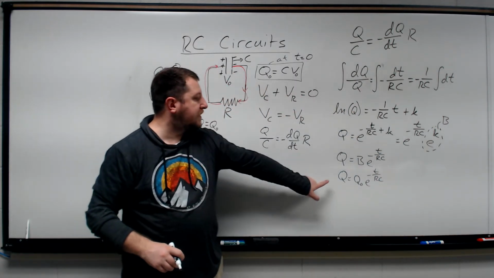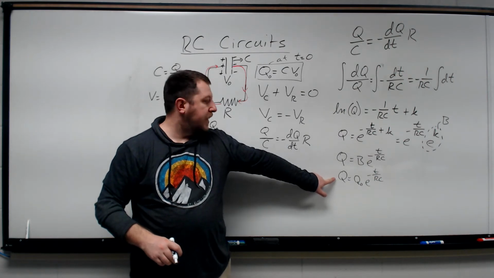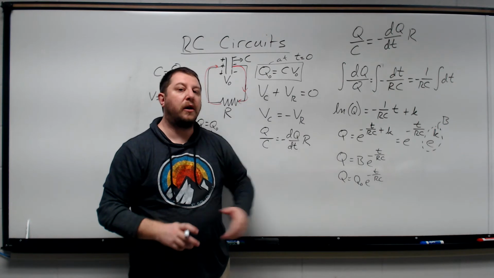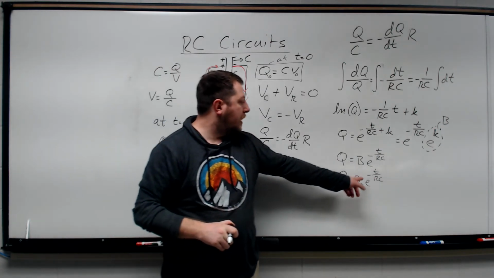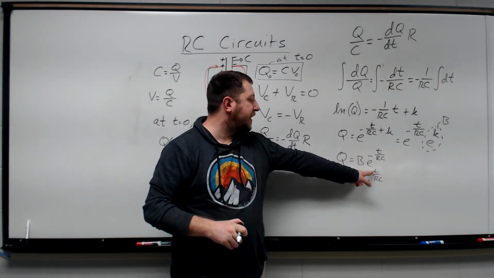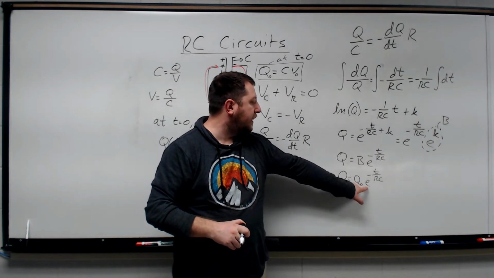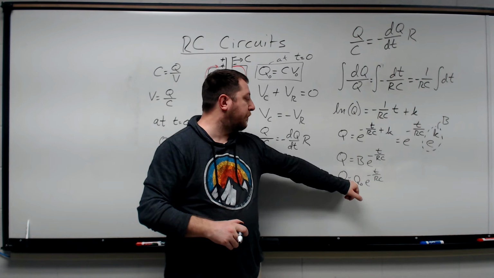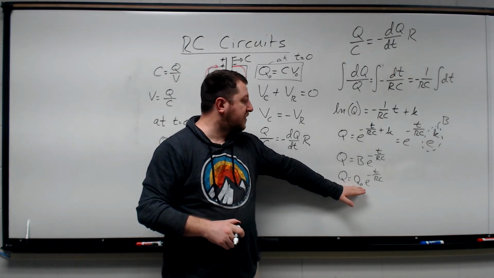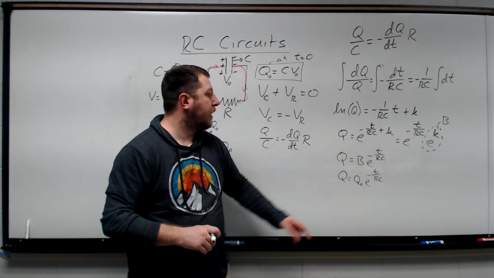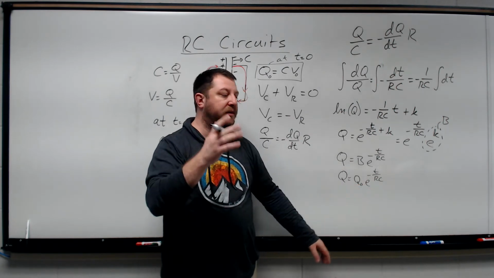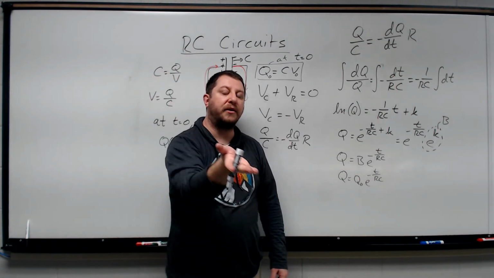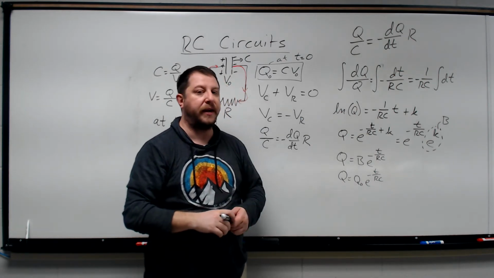So what this tells us is that the charge on my plates, if I plug in 0 for t, once again, e to the 0 goes to 1. So at time 0, my plate is just fully charged. That's all that condition is telling me. Once I flip the switch and start my stopwatch, I can track the charge decaying exponentially.